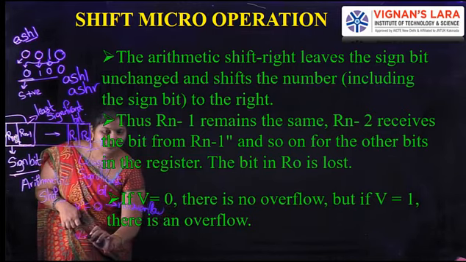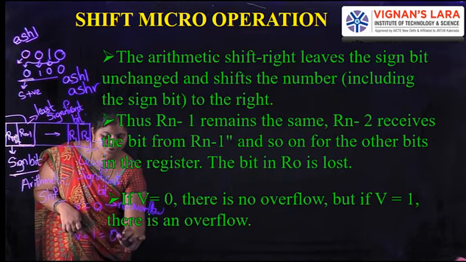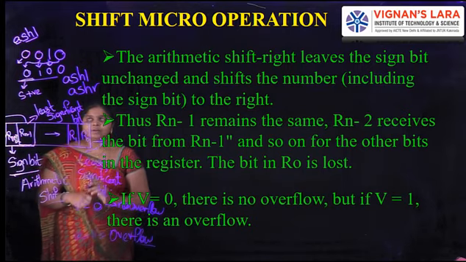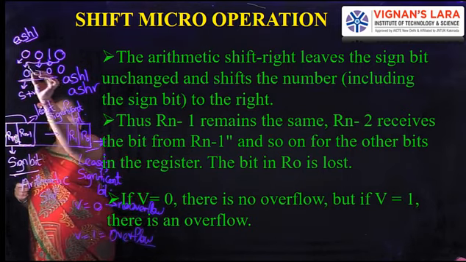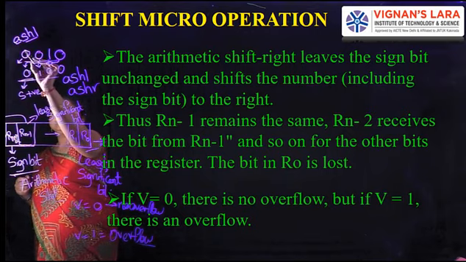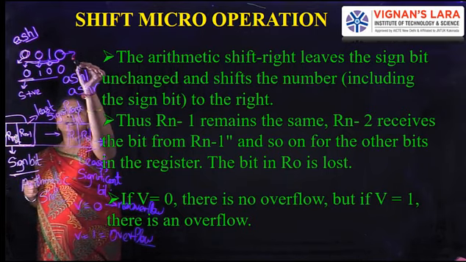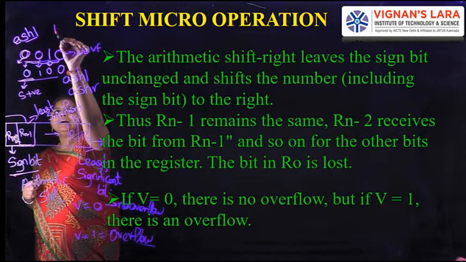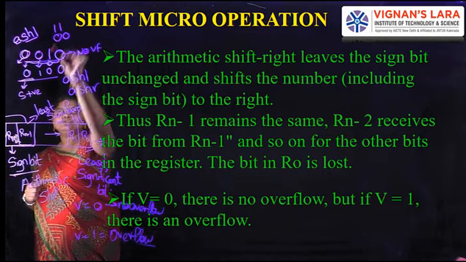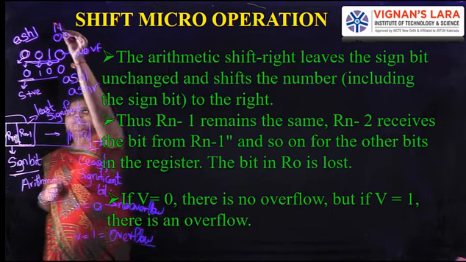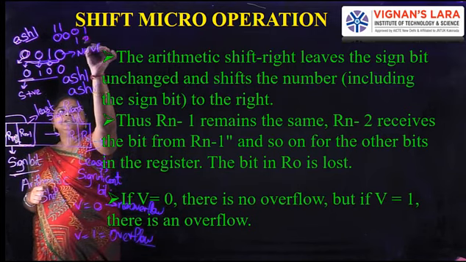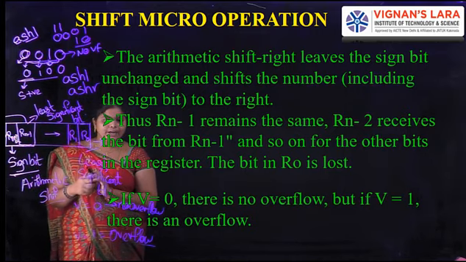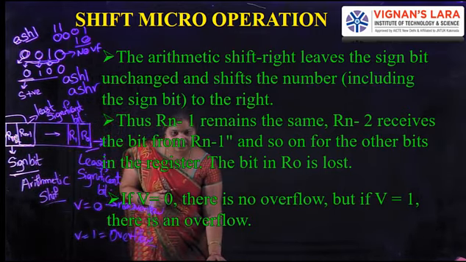V equal to 1: there is an overflow. Here we take 2 as a decimal number. 0 0 means there is no overflow condition. Bits 1 1 or 0 0 mean no overflow condition. Whether it changes to 0 1 or 1 0, then the overflow condition occurs. Now we move to the next slide.